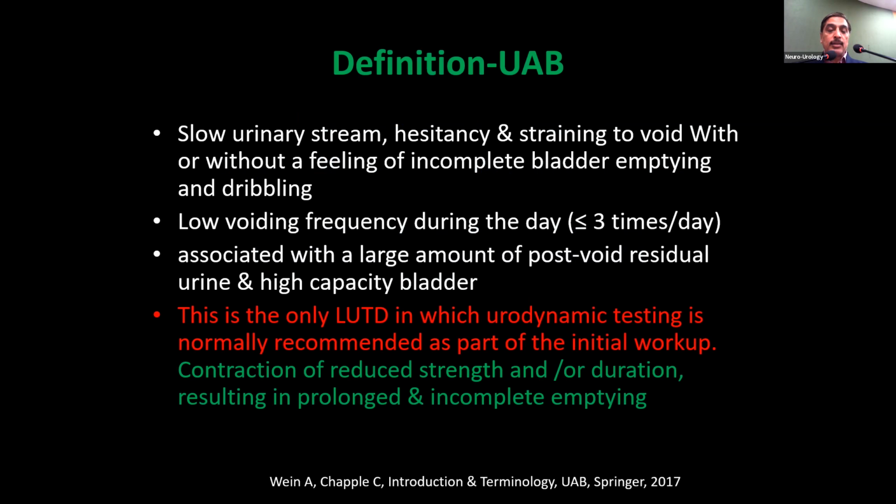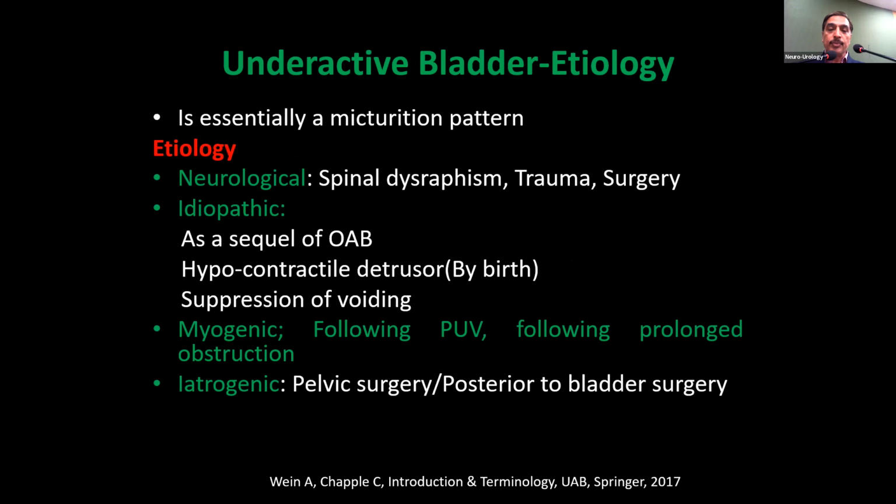And probably this is the only LUTD in which urodynamic testing is normally recommended as a part of initial workup. It is characterized by detrusor contraction of reduced strength and or duration, resulting in prolonged and incomplete emptying. So it is essentially a micturition pattern.